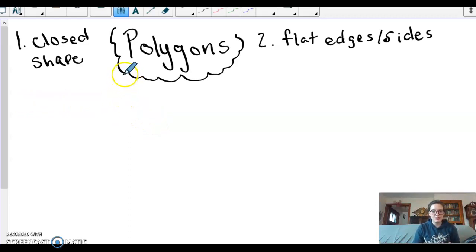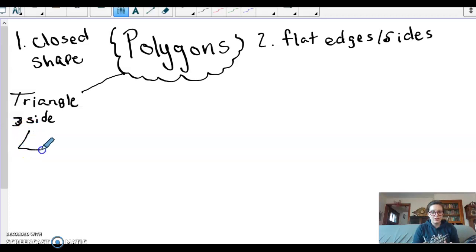Now we've already talked about one type of polygon, and that was the triangle. And the triangle, being a type of polygon, had to follow that it was closed and had flat edges, and it had to have three sides. I'm sorry that 3 looks so bad. Let's fix that. 3.